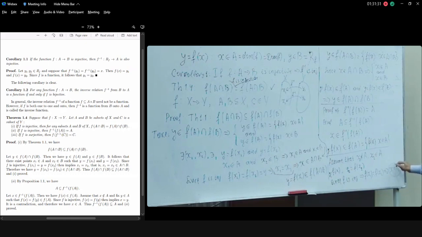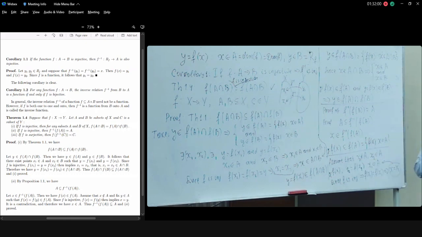From here, I can conclude x1 also belongs to A, because of injectivity. If I take two elements, one from A and one outside of A, because of injectivity these two elements are equal. So it means x1 must belong to A. But by the assumption, it does not belong to A.